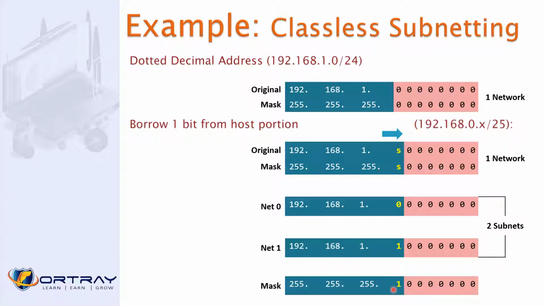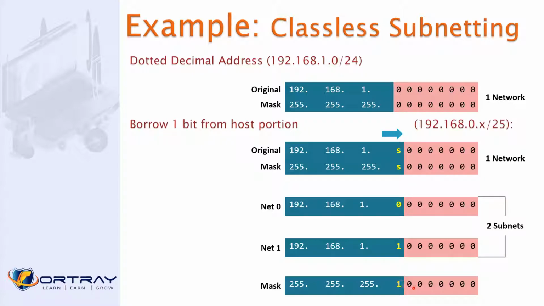So with just the borrowing of 1 bit, we created 2 networks. The first one will be 0, the second one will be 1, and each one will have 128 hosts. Is that clear? And then the subnet mask.